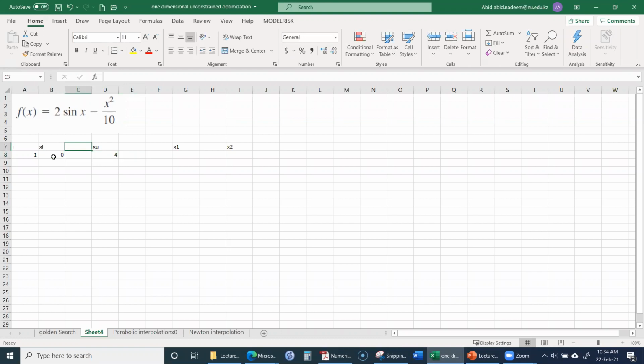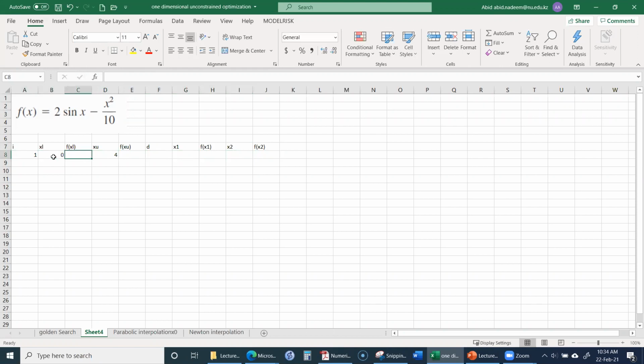Then this is the column for f of XL, then f of XU. Here we will need to find D, and then f of X1 and f of X2.